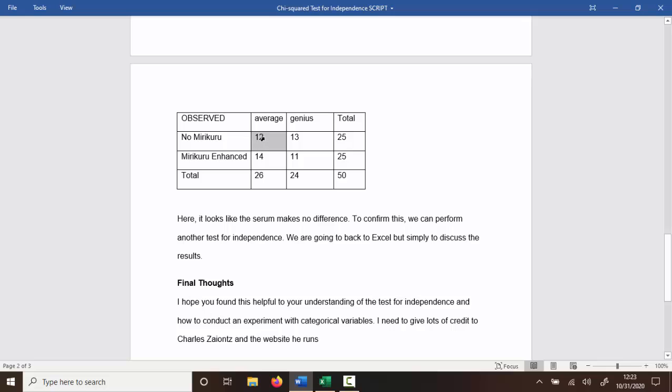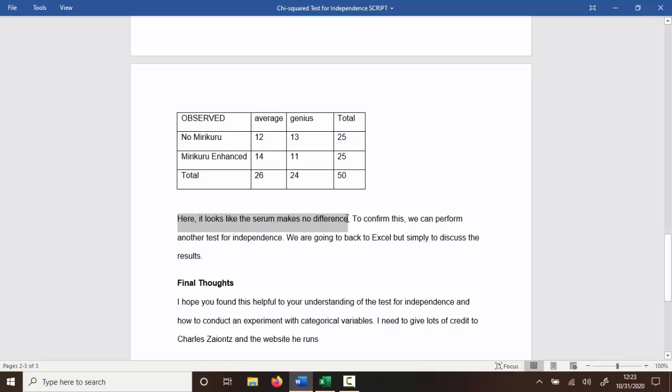That there were 12 of them of average intelligence without, and 13 with, right? And then 14 of them with average intelligence and 11 of them with genius level intellect with the Mirakuru, okay? Because remember, these are bad guys, super villains, right? And so obviously, you got to fight smart bad guys.